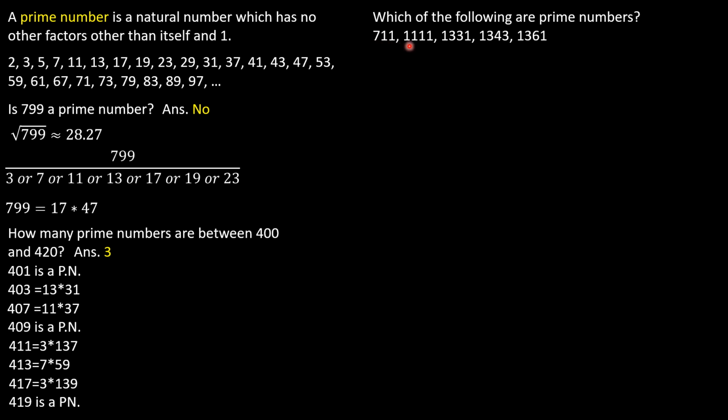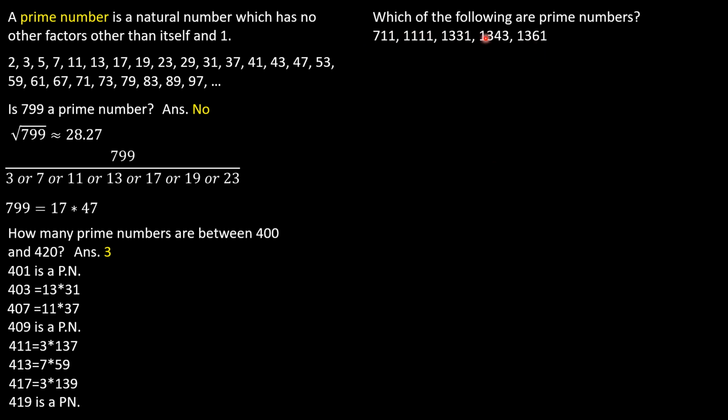Then 1111 is divisible by 11, that's obviously divisible by 11. Then for this one, the square root of 1331, you divide this by all prime numbers except 2 and 5, and it is definitely divisible by those, up to the closest prime number to the square root of 1331. So it is only 1361 for this case.